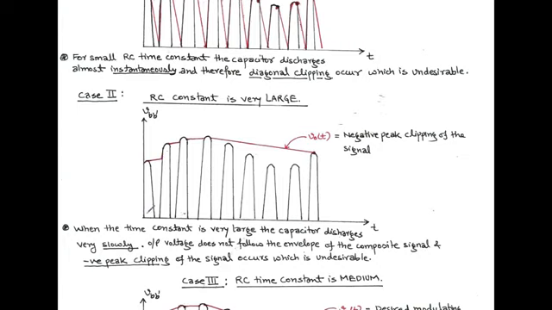Initially, for the first positive half cycle, the capacitor charges up to the peak value, but it discharges very slowly because we consider a large time constant. So in this case, negative peak clipping of the signal occurs, which is also an undesirable operation, and the output voltage does not follow the envelope of the composite signal or message signal.